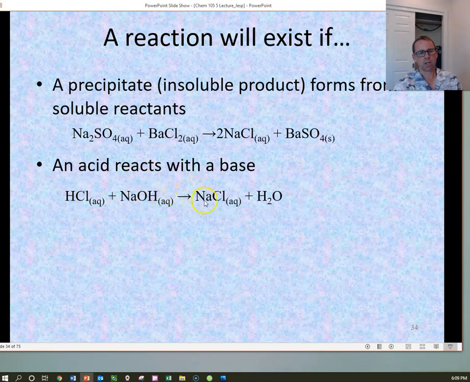The sodium comes with the chloride ion, and the hydrogen goes with the hydroxide ion, but the hydrogen and the hydroxide ion don't form a compound HOH, they form H2O. Can you see that?